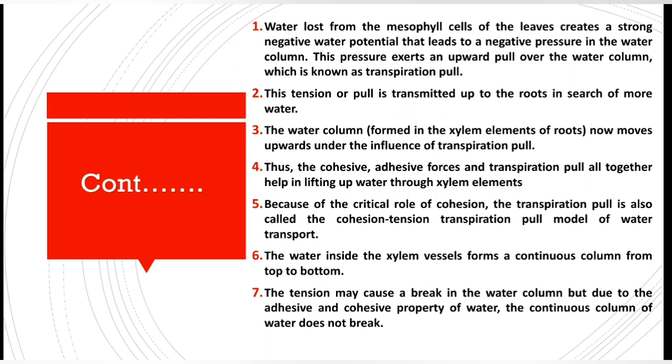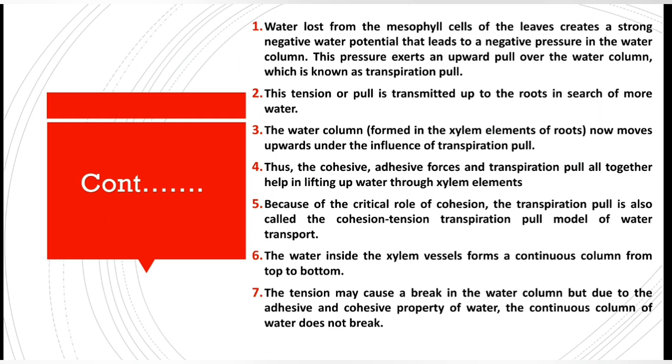The water column in the xylem element of the root now moves upward under the influence of transpiration pull. Thus, the cohesive and adhesive forces along with the transpiration pull help in lifting water through the xylem element. Because of the critical role of cohesion, it is also called the cohesion tension transpiration pull model of water transport.